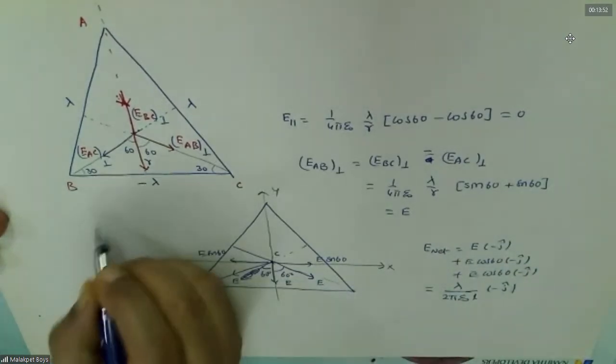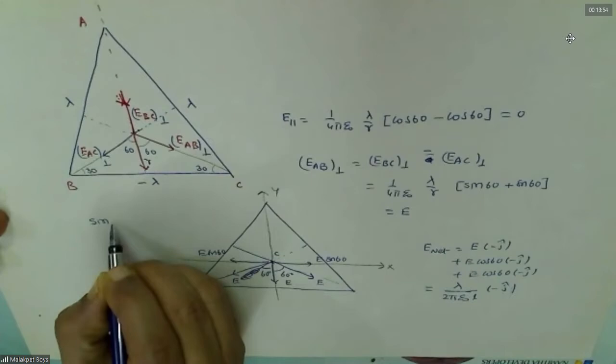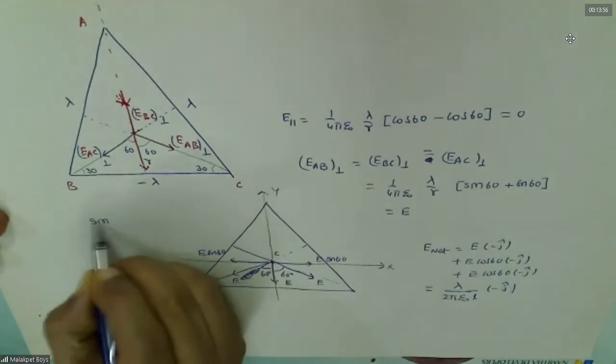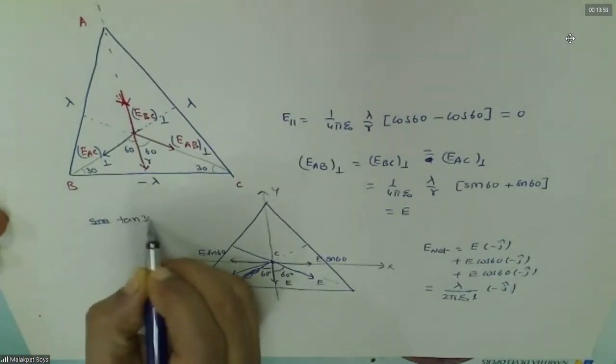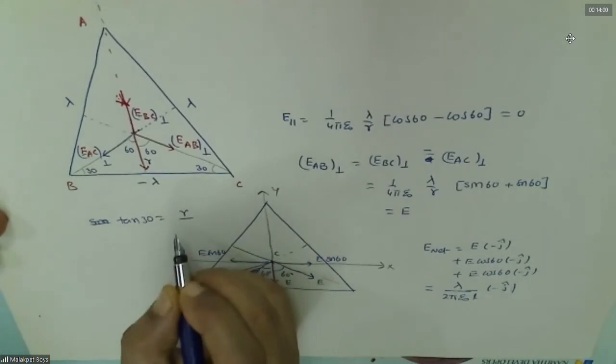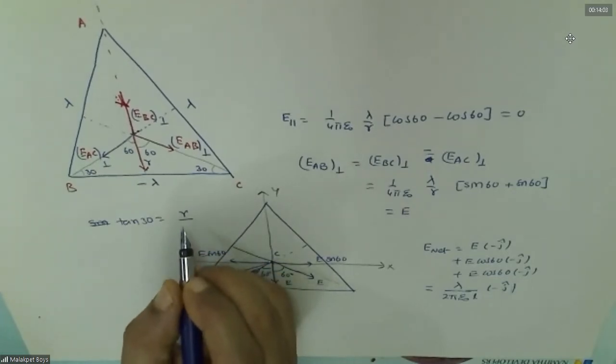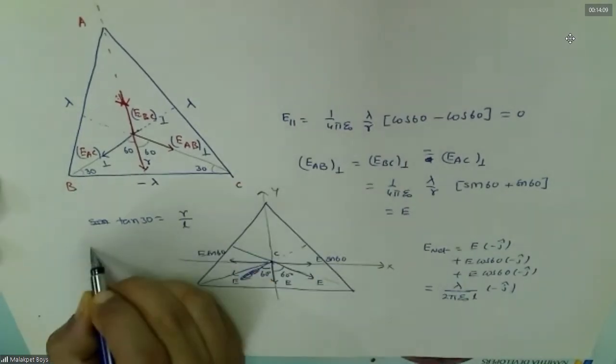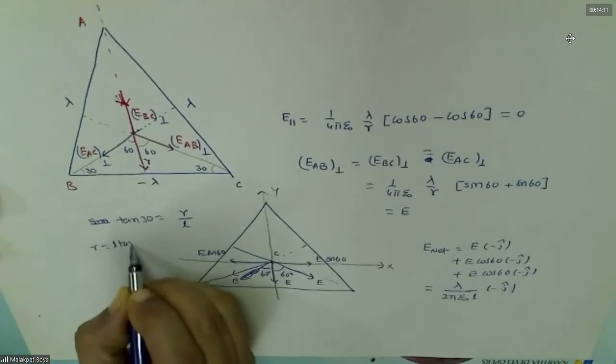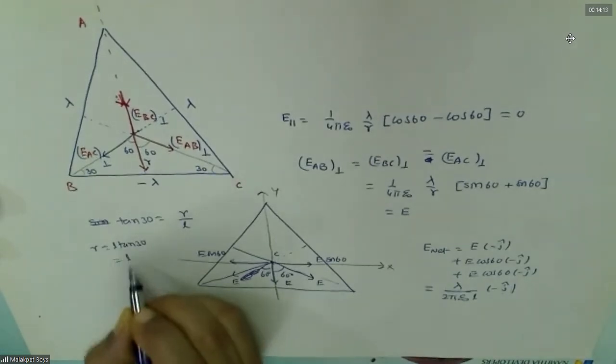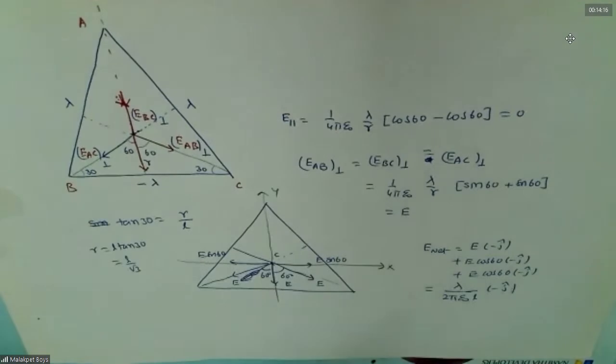Can you tell? Tan 30 is 1 by root 3, no? Do you agree with this or not? Great, sir.